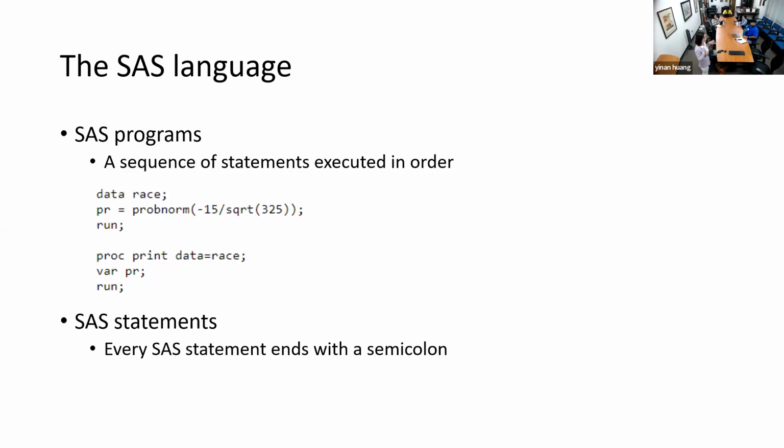Before that, SAS programs consist of a sequence of statements executed in order, like a manuscript consists of different sentences. Each program consists of a sequence of statements, and you will notice that each statement ends with a semicolon.